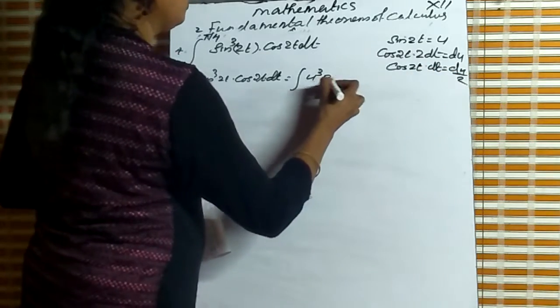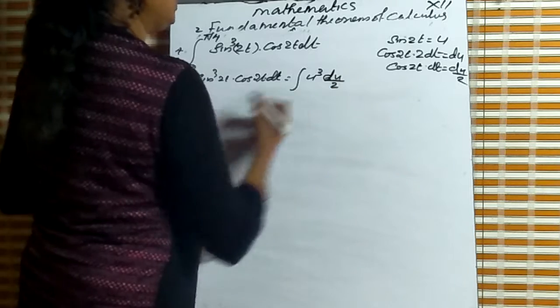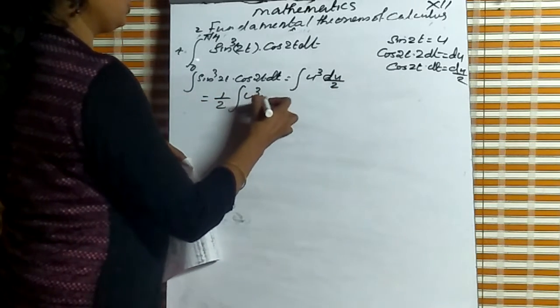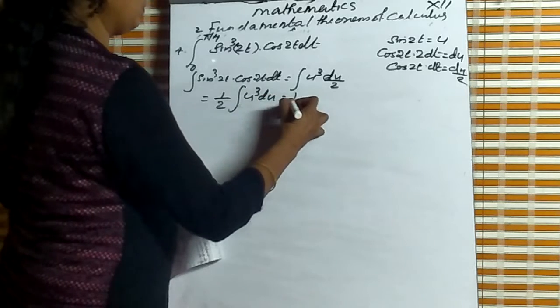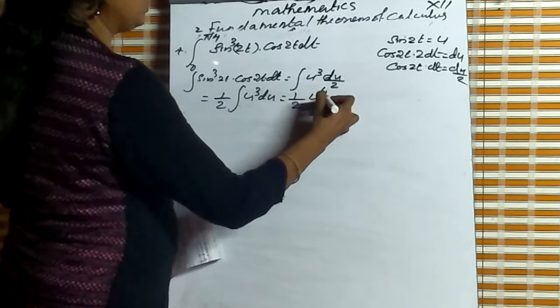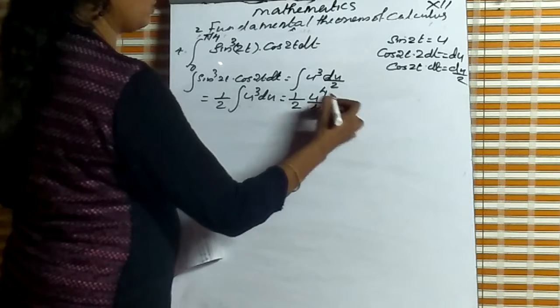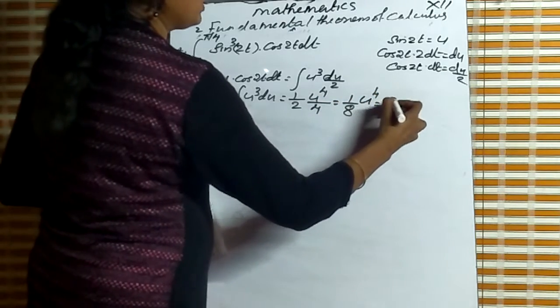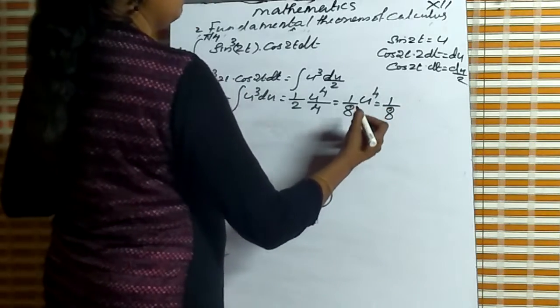Cos 2t dt is equal to du by 2. U cube into du by 2 is equal to 1 by 2 into integral u cube du, is equal to 1 by 2 into u raised to 4 by 4, equals 1 by 8 into u raised to 4. What is u?